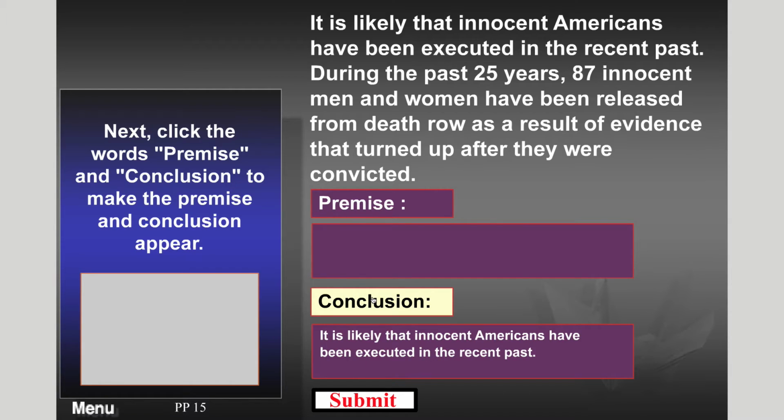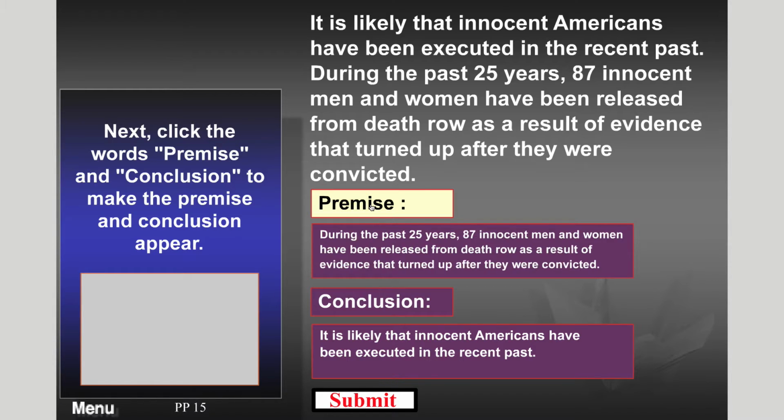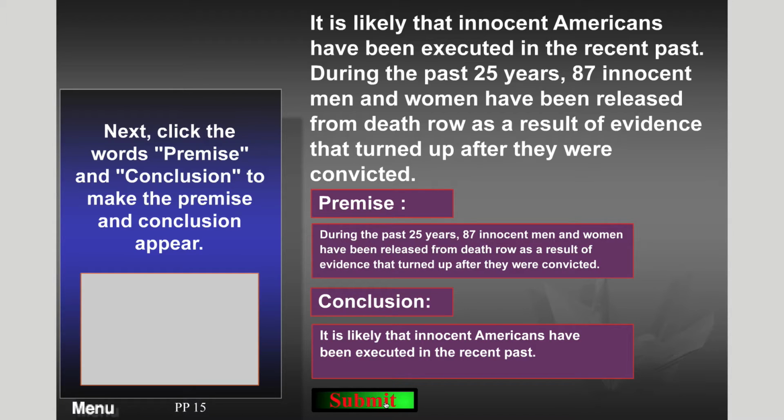So, the conclusion is, it is likely that innocent Americans have been executed in the recent past. Why? Because during the last 25 years, 87 innocent men and women have been released from death row. In fact, it's been I think almost 1,000, if not more, in the last 15 years alone, especially since the development of DNA technologies and their use in courts beginning in the early 1990s.